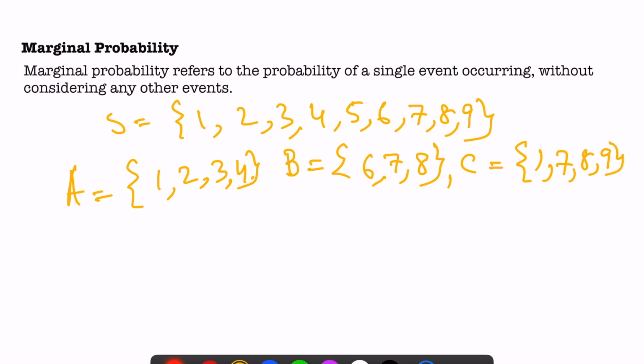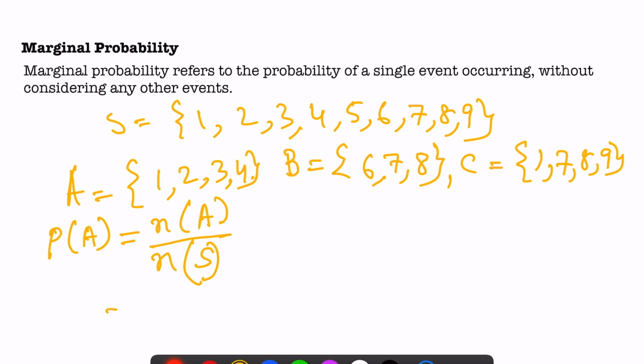So what is the probability of the event A? It's basically the number of outcomes in A divided by the number of outcomes in the sample space, which is 4 out of 9. Similarly, what is the probability of event B?